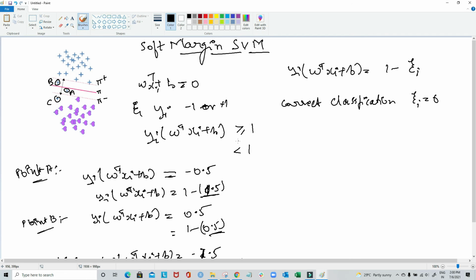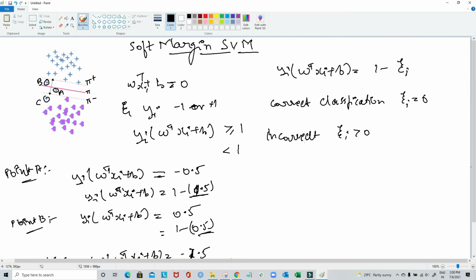Now, our optimization problem we saw was to find W and b which can minimize the norm of W. Similarly, if we add this error term, our new optimization problem becomes: we have to find optimal values of W and b where we will minimize the norm of W plus C times 1 by n summation of i equals 1 to n zeta i.